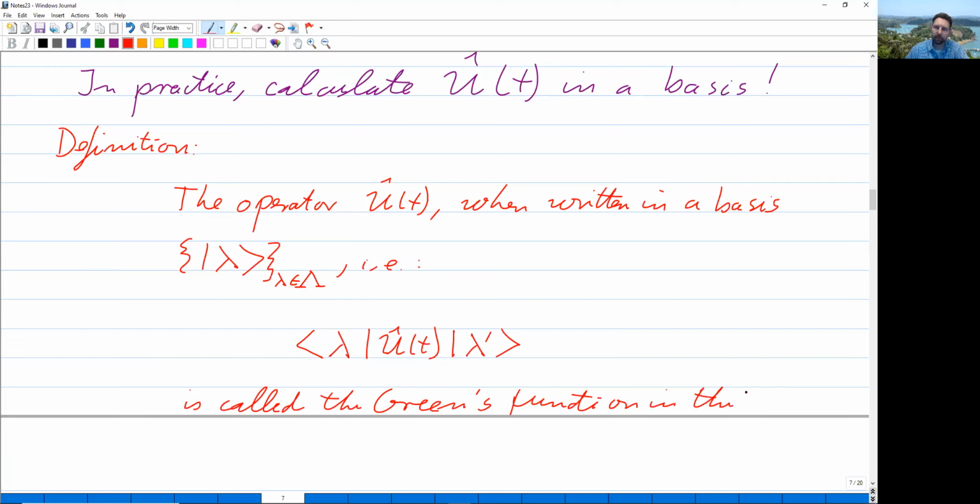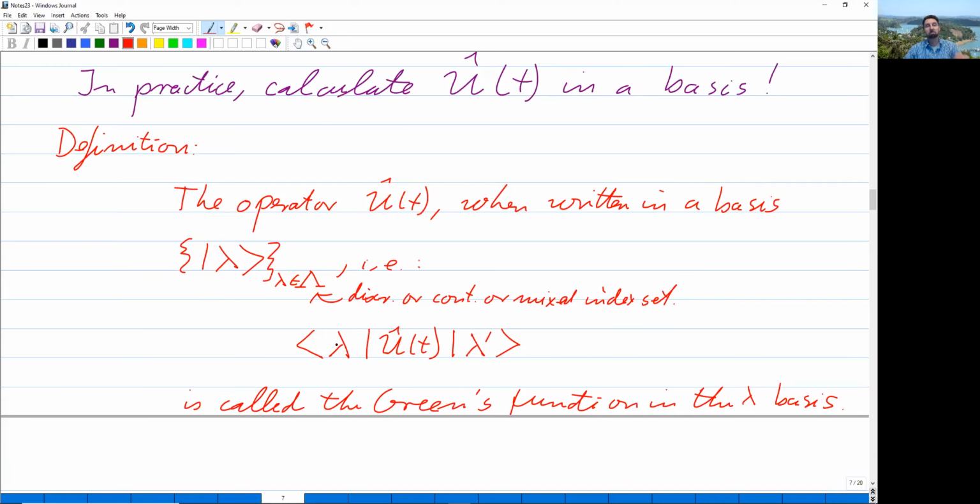In the lambda basis. Right. So this is a discrete or continuous or mixed index set.